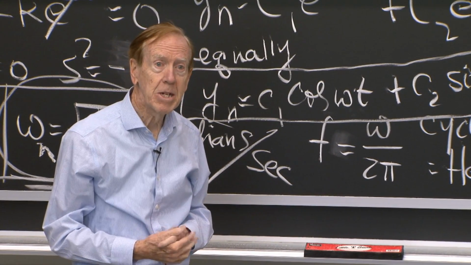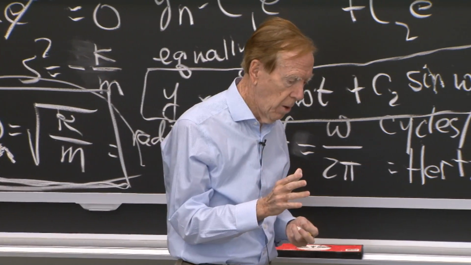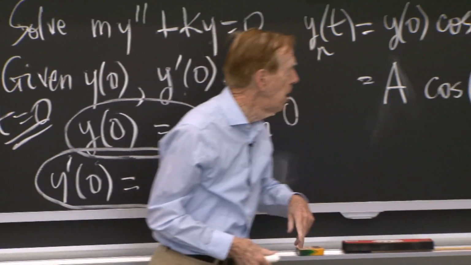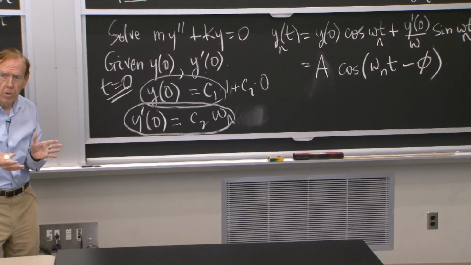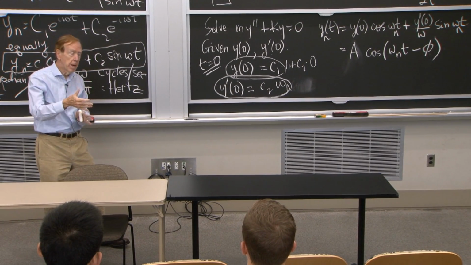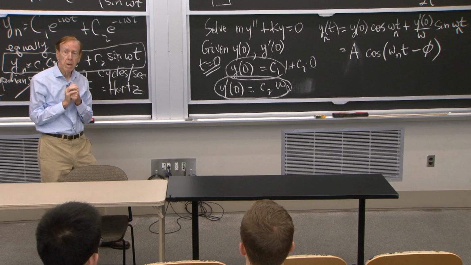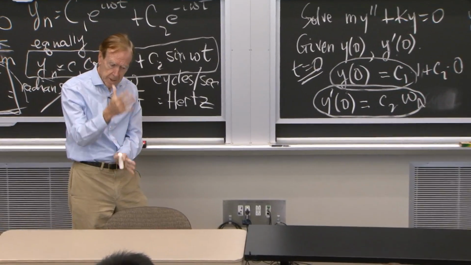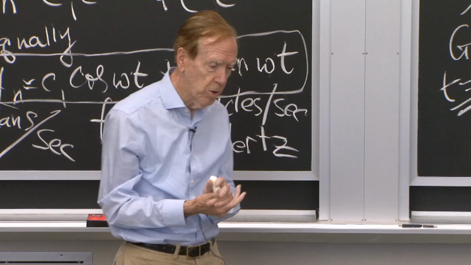Can I even just add one more word about the language? When we have a frequency of motion for 1 spring, what are we going to have for 2 springs or 6 springs? The motion will be a combination of 6 different frequencies. It's a much more interesting, not so simple motion.